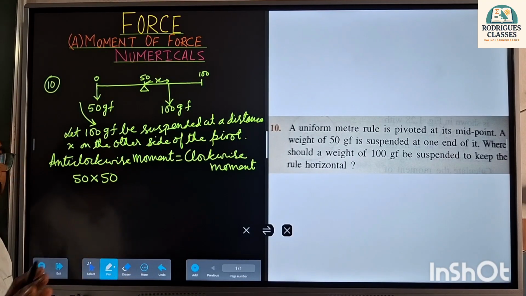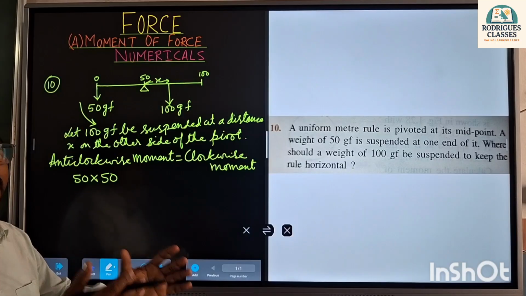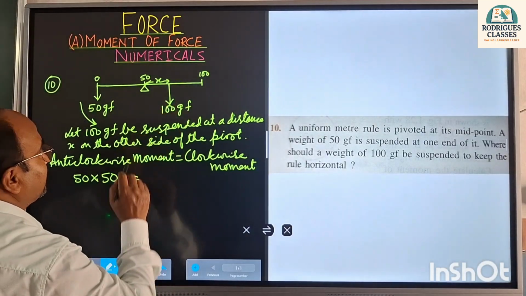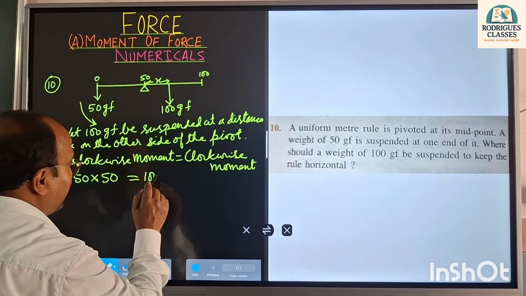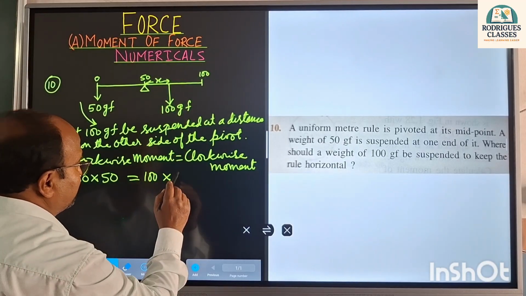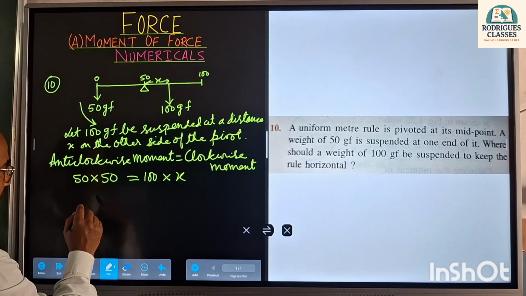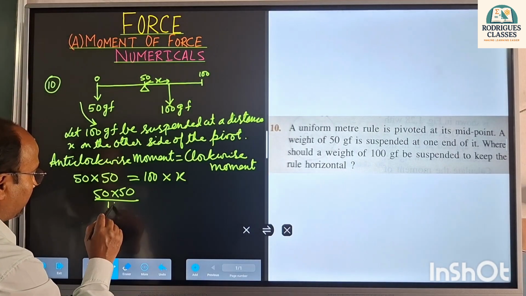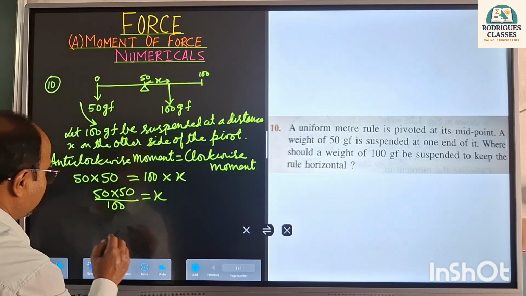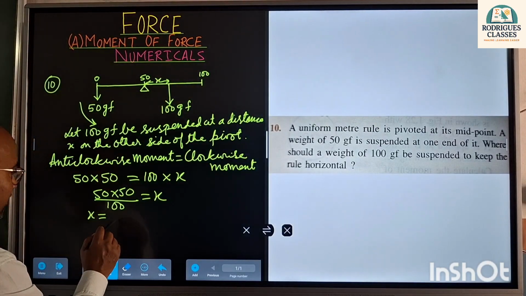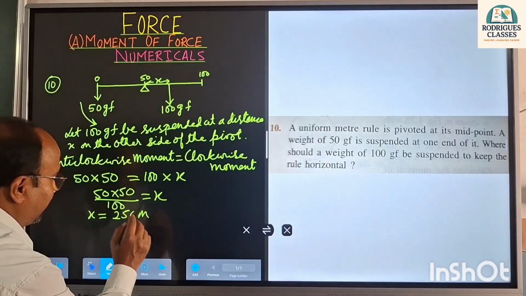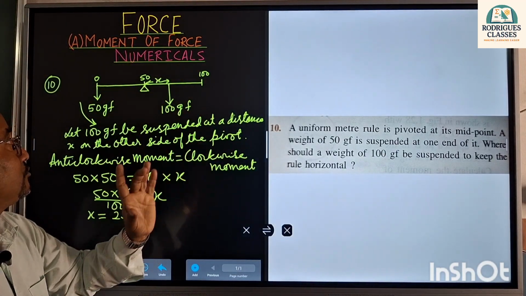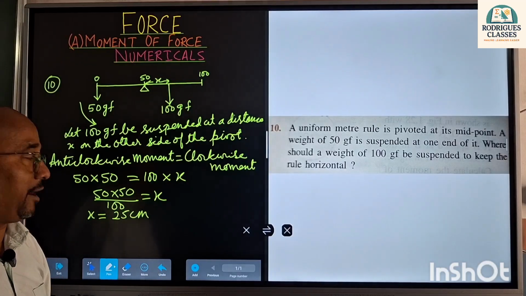We have not changed into SI unit, but we can keep the same unit on both the sides and solve. This side the force is 100 GF and the perpendicular distance is x. So I will get here 50 into 50 by 100 is equal to x. So on calculating x, I will get it as 25 centimeter. So it means on the other side of the pivot, at a distance of 25 centimeter, it should be kept.